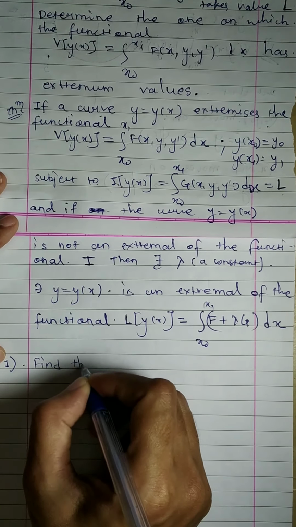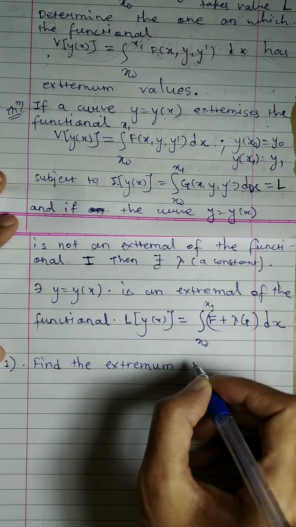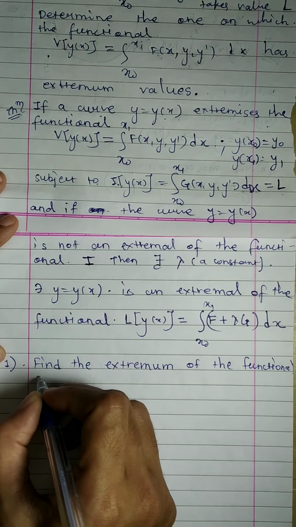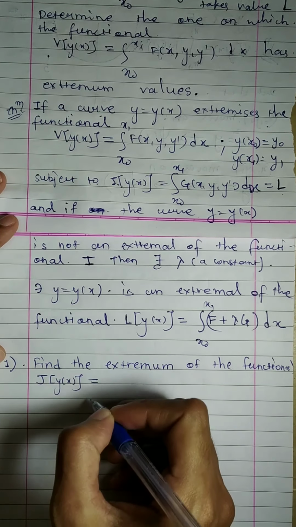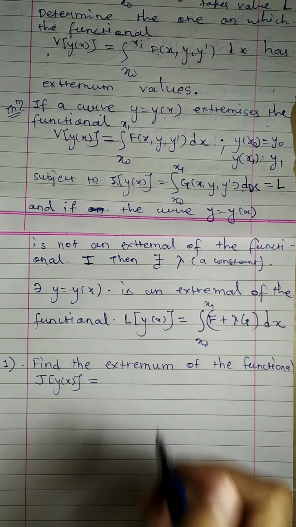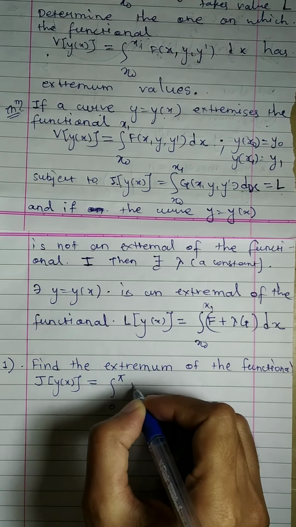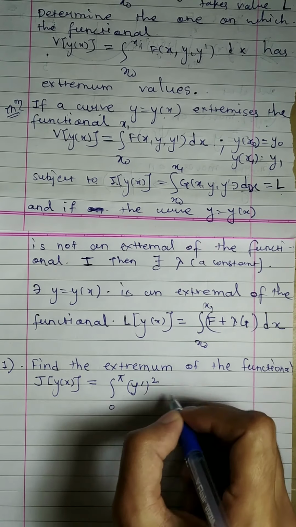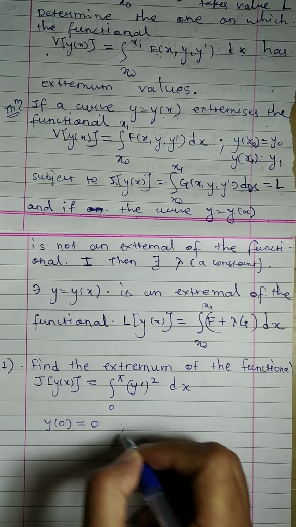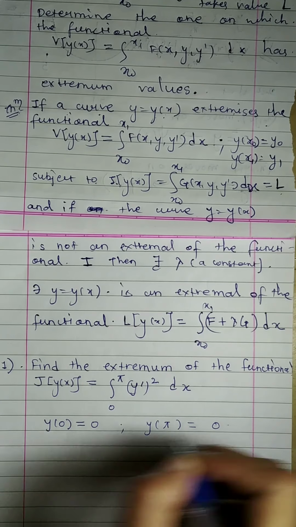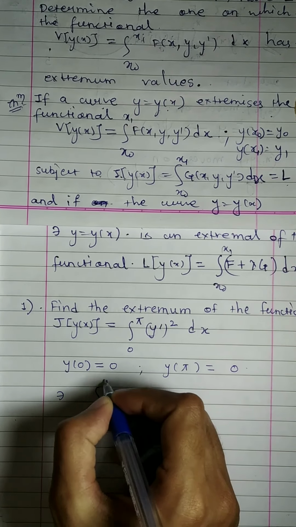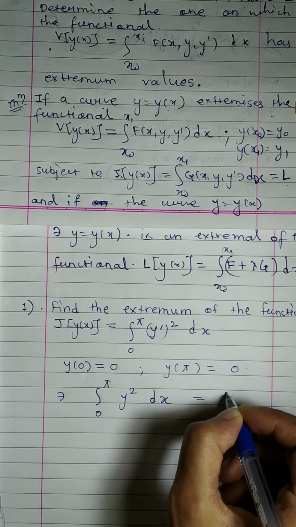Find the extremum of the functional J[y(x)] equal to integral from 0 to pi of y dash square dx, with y at 0 is 0 and y at pi is equal to 0, such that integral from 0 to pi of y square dx is equal to 1.